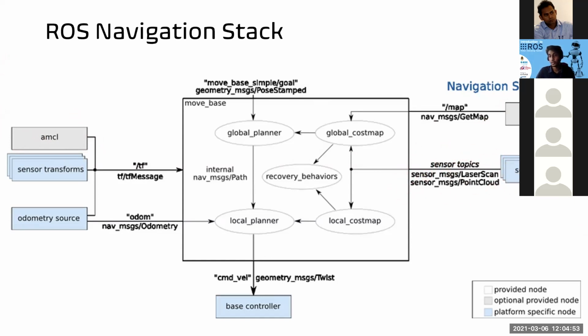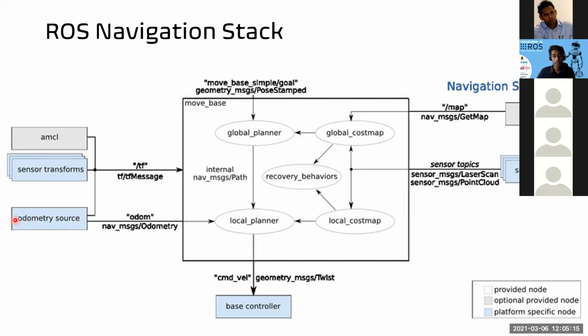Usually all these sensor manufacturers provide ROS libraries, so you don't have to worry about anything, just run the node. And likewise, odometry source, sensor transformation. These are the transformations I mentioned earlier. You'll have to define that and give it to this navigation stack. You can easily do that.